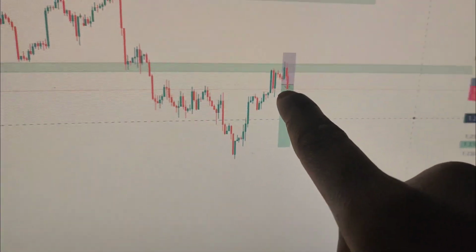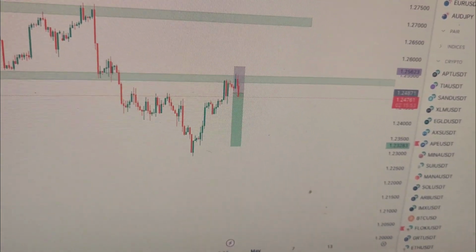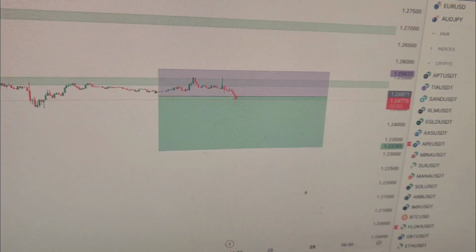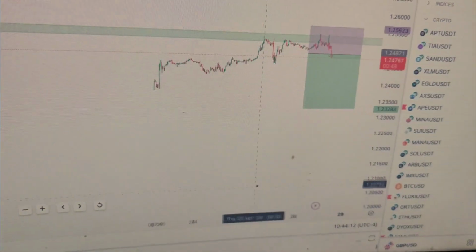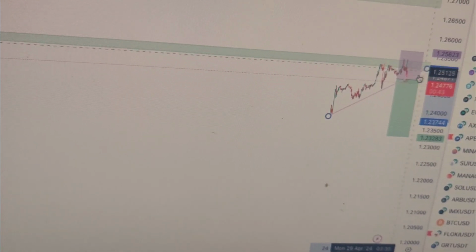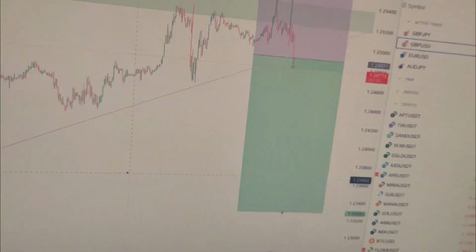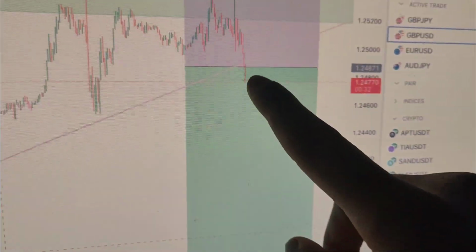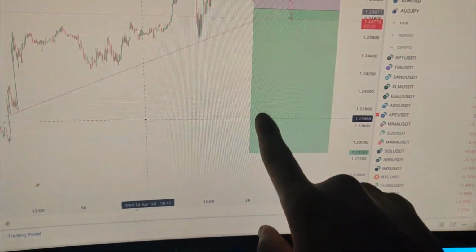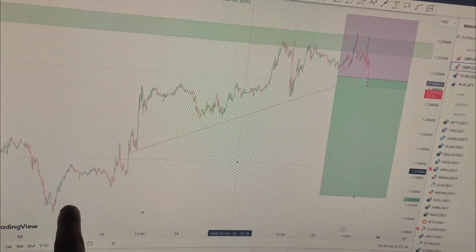So if it closes this way, and potentially, let's go to 15 minutes. Let me show you something else. See, 15 minutes. It's beautiful. We break this zone in 15 minutes. So once we break out of this zone, we're expecting it to push all the way back to this zone.